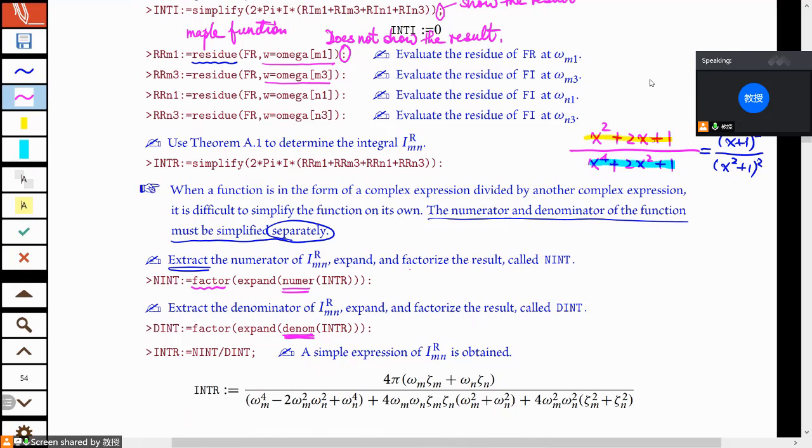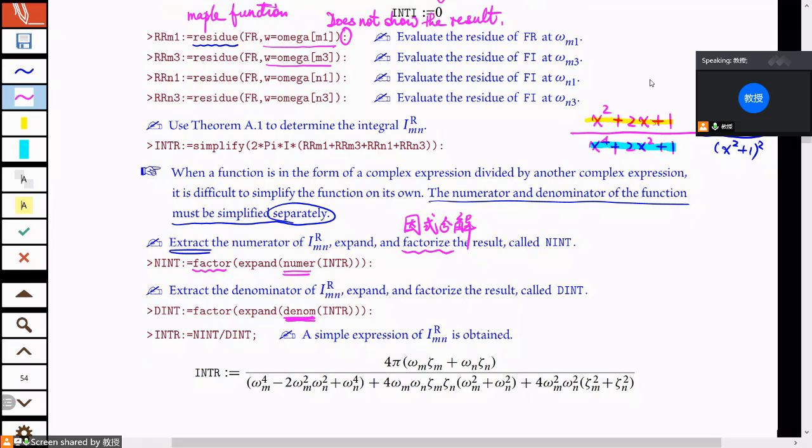Okay, factorize means expand, simplify the numerator, simplify the denominator, and then divide them, and then you have a very nice simple expression.